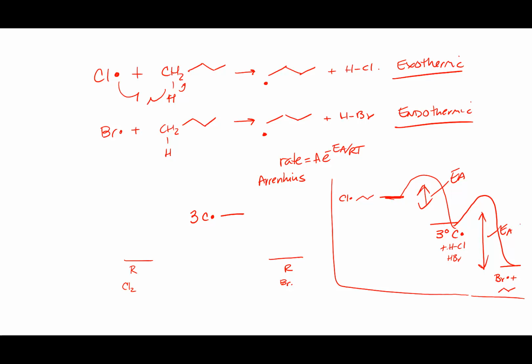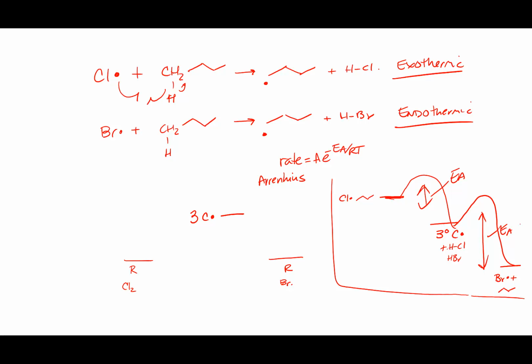Now, everybody see that? So you'll form the radical faster in chlorination than you will in bromination, because chlorination is exothermic and bromination is endothermic. But that's not what we're looking at.